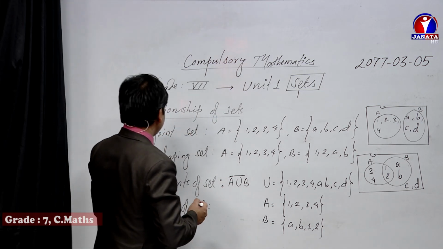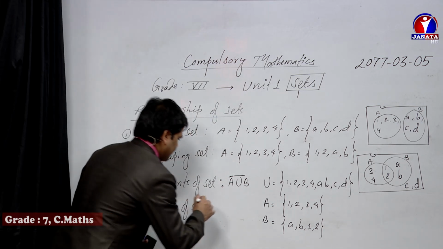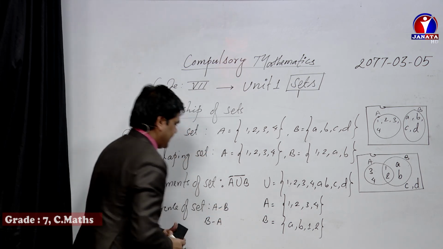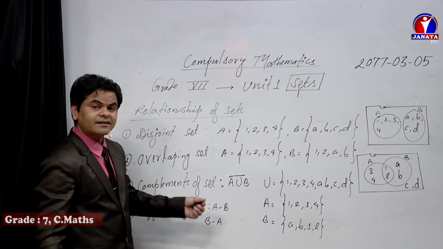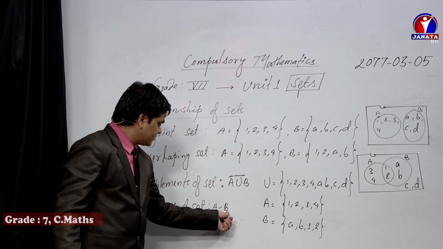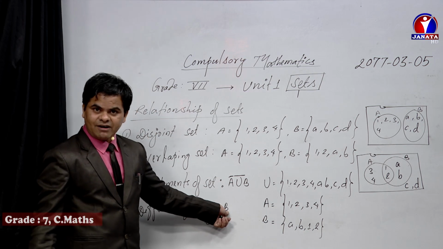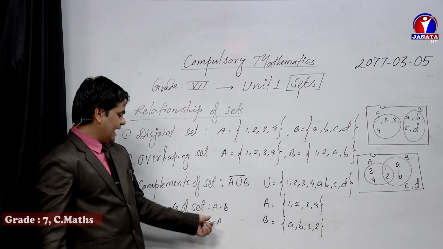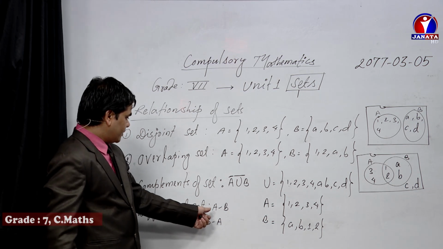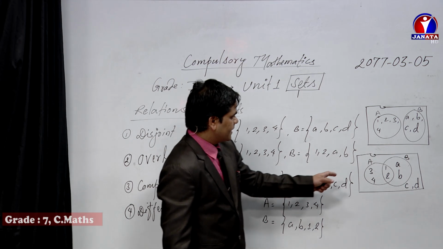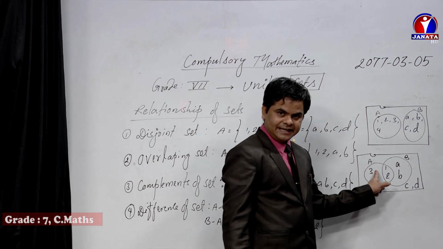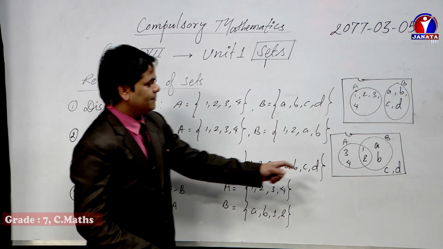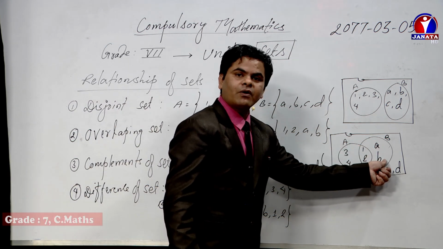Difference of set refers to A difference B, B difference A. In the upper classes or the senior classes, we symbolize this one as A only and this one as B only, n(A only) and n(B only). But here, A difference B represents only the elements of A, 3 and 4, and B difference A represents the elements of B only.